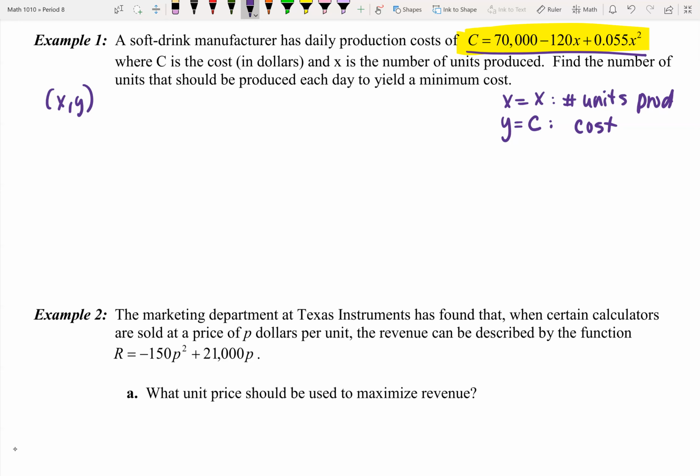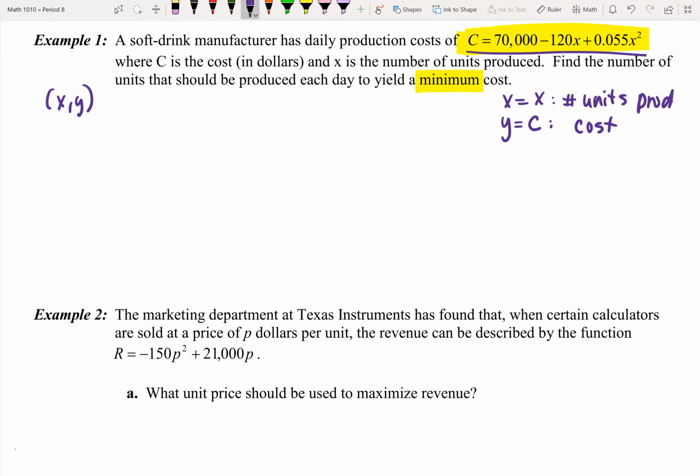Find the number of units that should be produced each day to yield a minimum cost. Does anybody know the word that's standing out? It is minimum. Isn't that funny how we can tell that word? It just really sticks out at you.